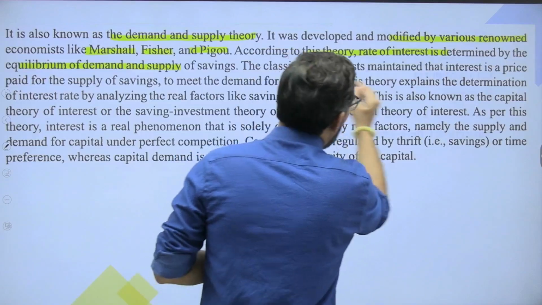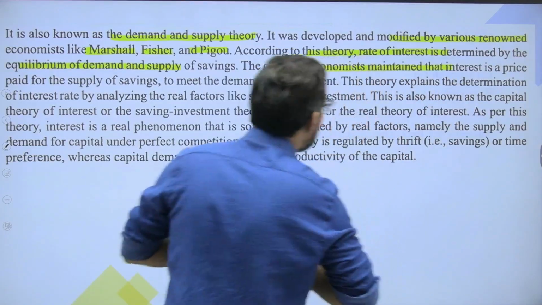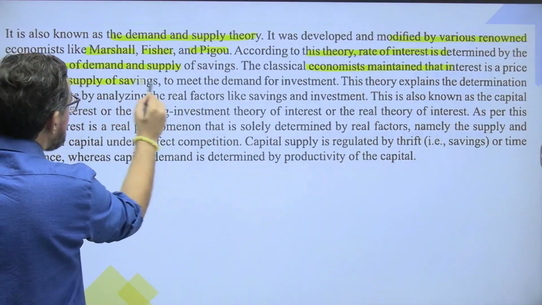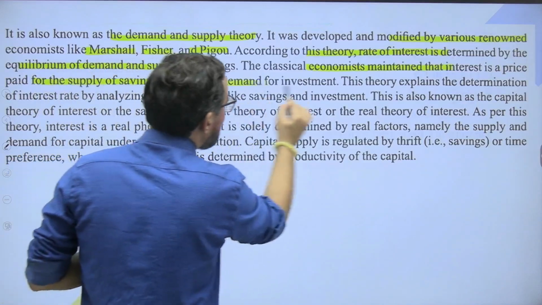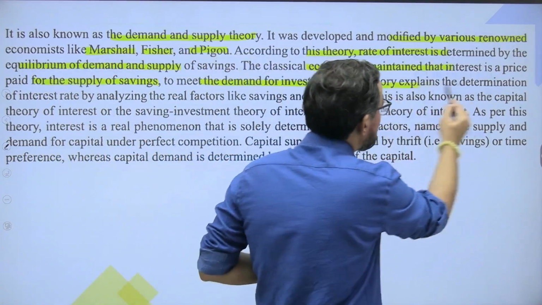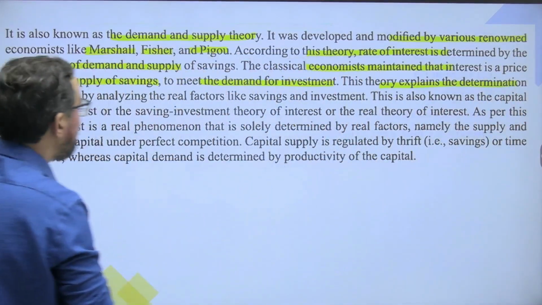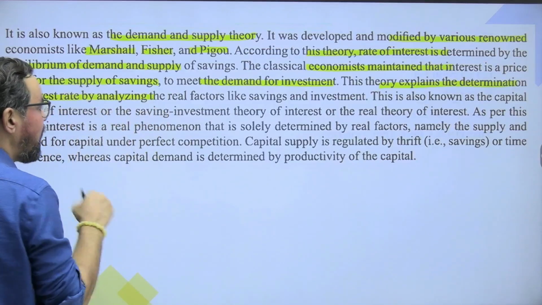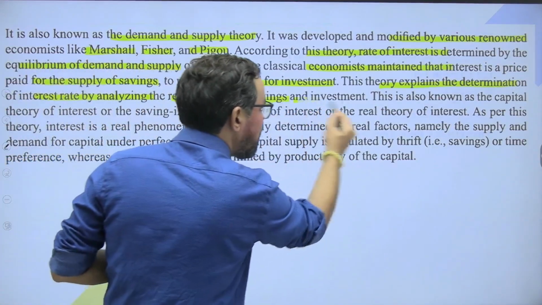The classical economists mentioned that interest is the price paid for supply of savings to meet the demand for investment. The theory explains the determination of interest rate by analyzing the real factors like saving and investment.